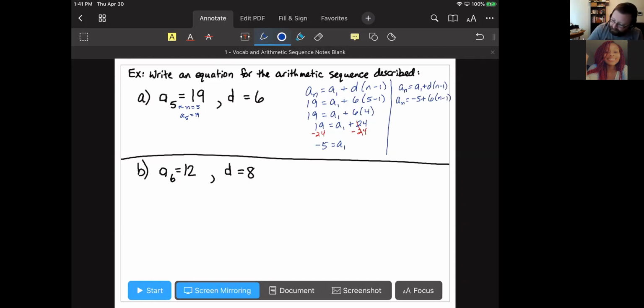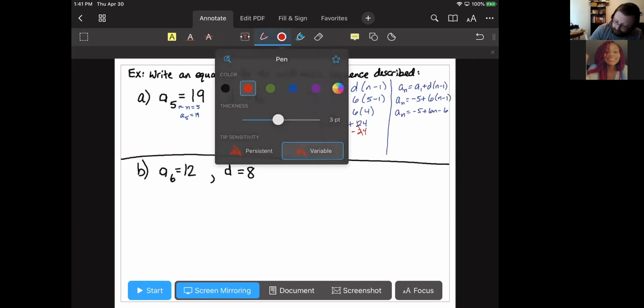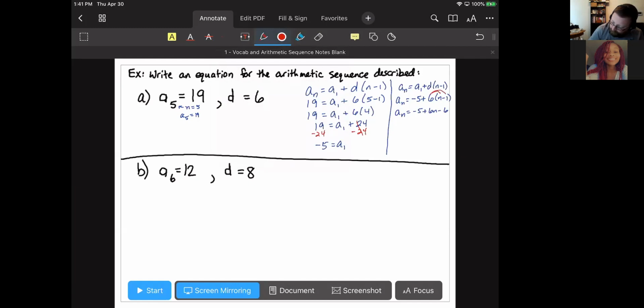So we distribute the 6. And then we would combine our like terms to give us our final equation. So our answer would be the nth term is 6n minus 11, which is our explicit formula.